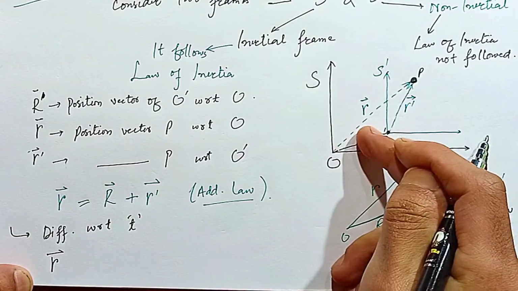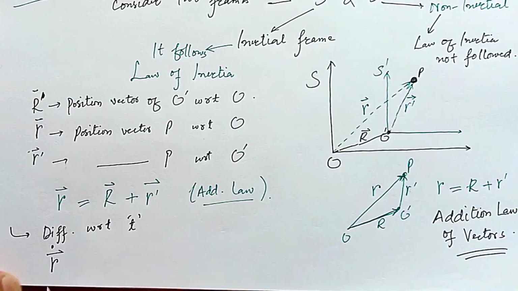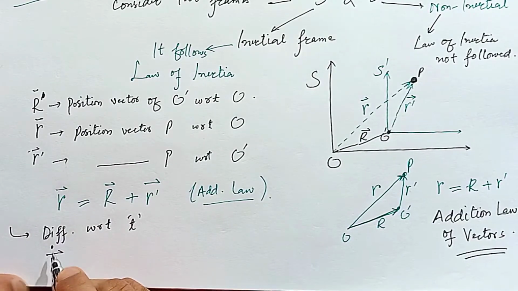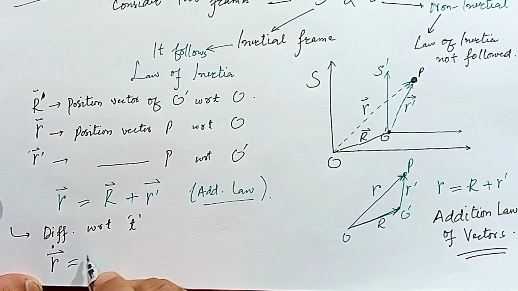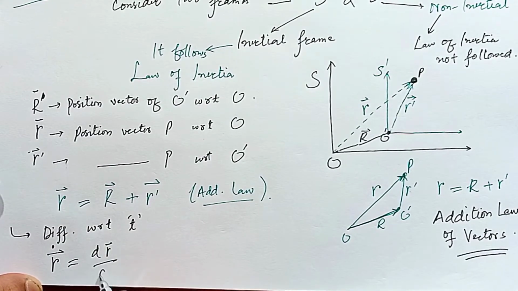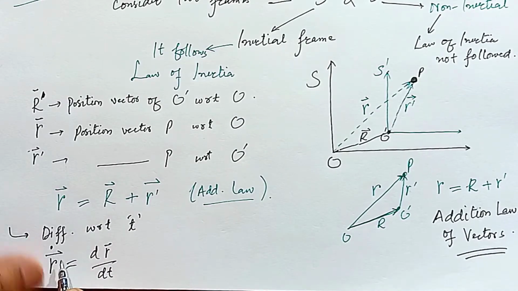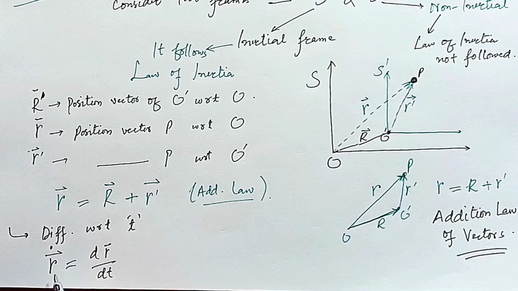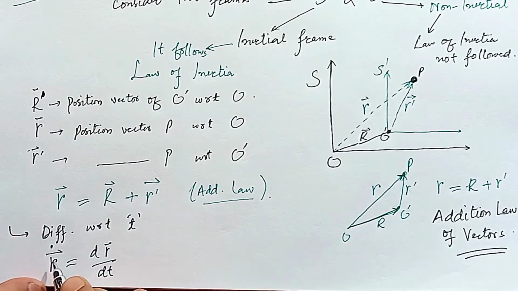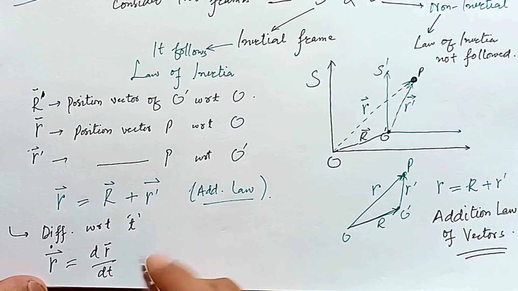I have already told you that the dot is the representation of dr by dt. Dot means differentiation of the vector with respect to time, so from now on I will represent it shortly by a dot.